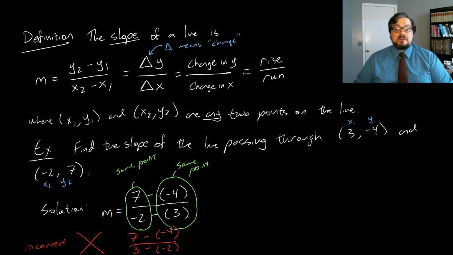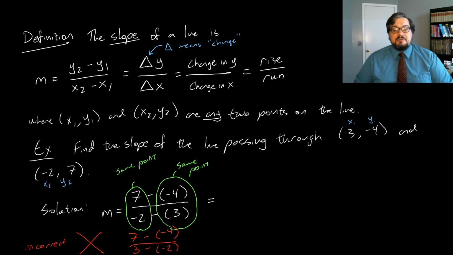This doesn't work because 3 comma 7 isn't one of our points, and -2 comma -4 isn't one of our points. We need to make sure that whatever numbers we put first on the top and bottom go together in one of our points, and whatever numbers we put second go together as one of our points.